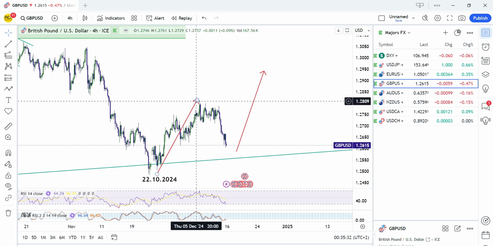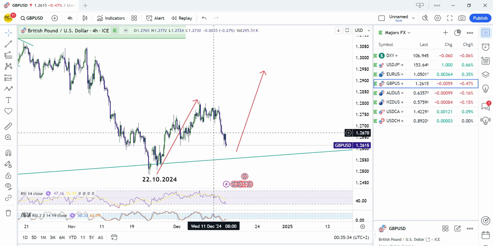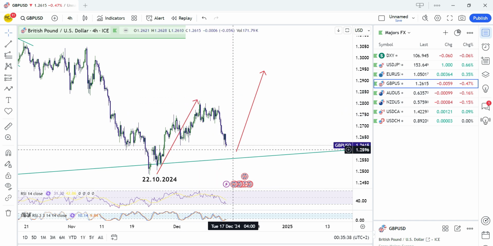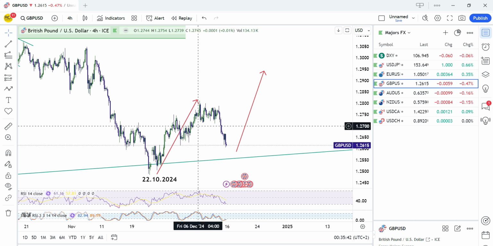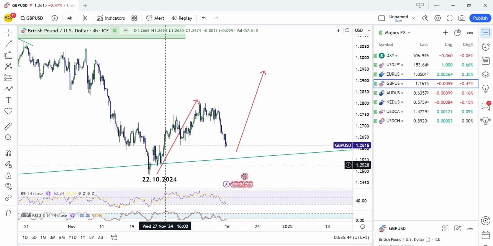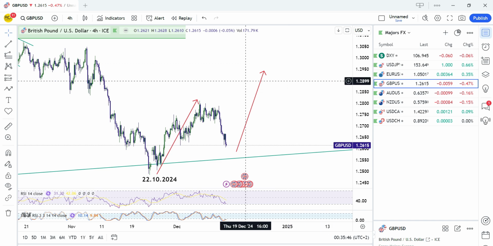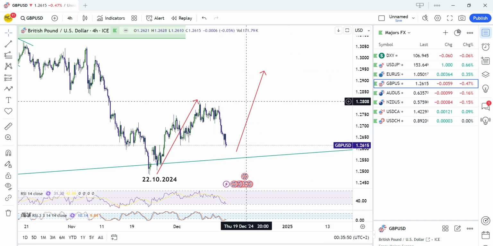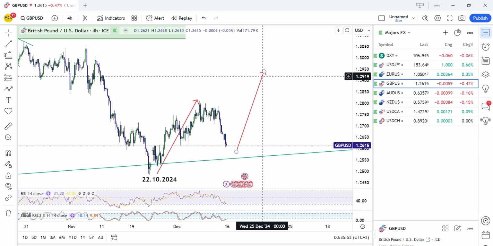So we have reached the 128 area. So this reaction was kind of expected, and now the market from here should find soon support for another push to the upside, and we can see a double from these lows to the 129-ish area. So this is the next move that we can see in the pound heading into the next week of trading.